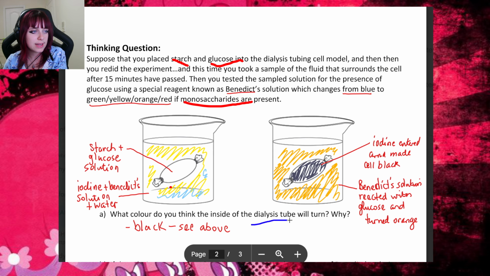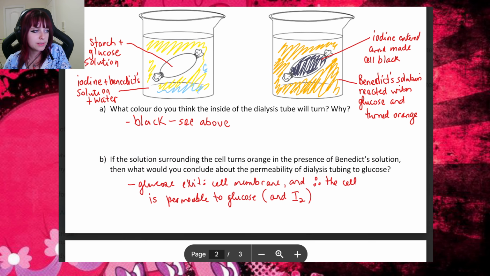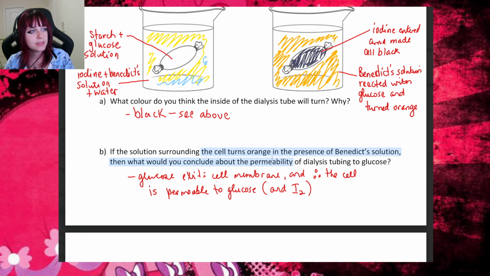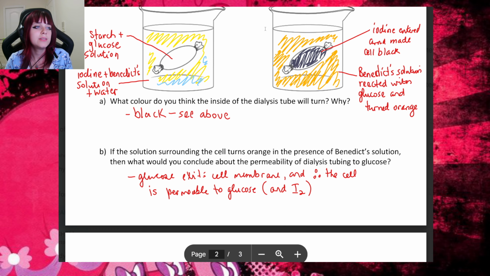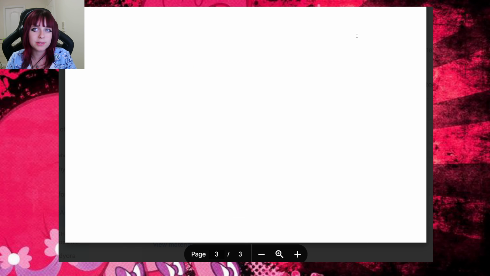So we'll see the inside of the dialysis tubing turn black because the iodine entered and made the cell black, but we will also see that the solution surrounding the cell turns orange, and that means that glucose is permeable and can pass through, since the monosaccharide reacts with Benedict solution. The change in color shows that the glucose can leave and that the cell membrane is permeable to glucose.